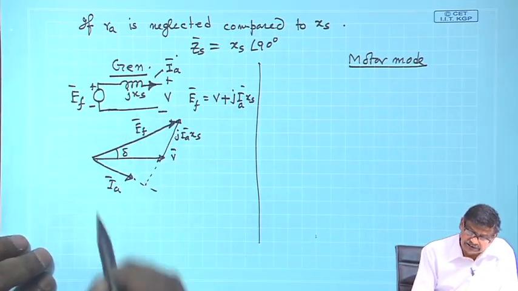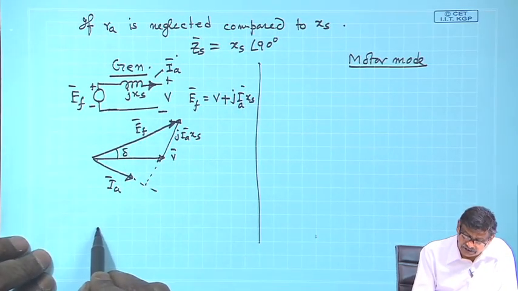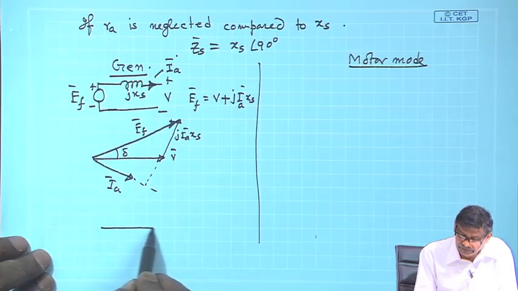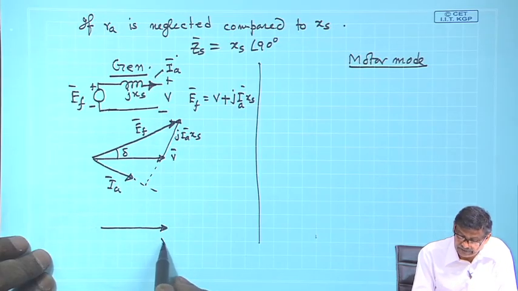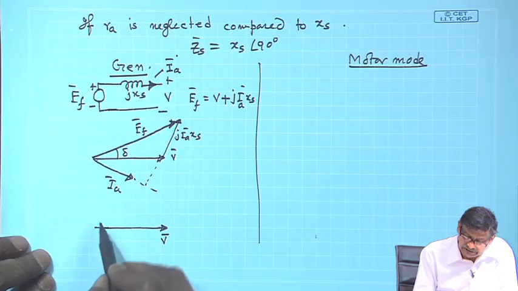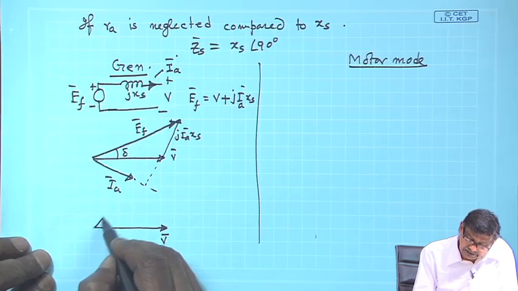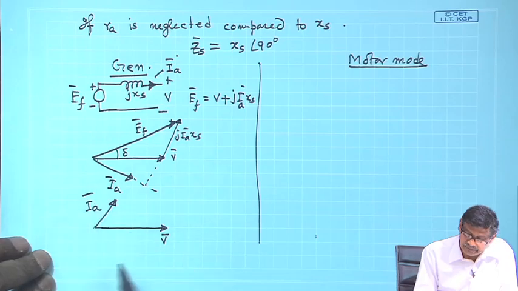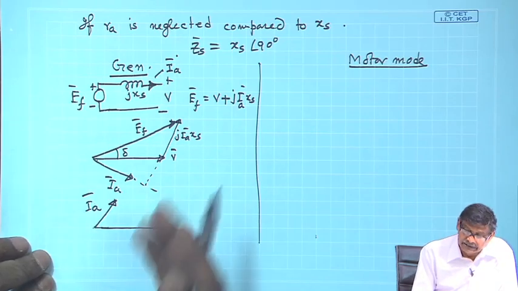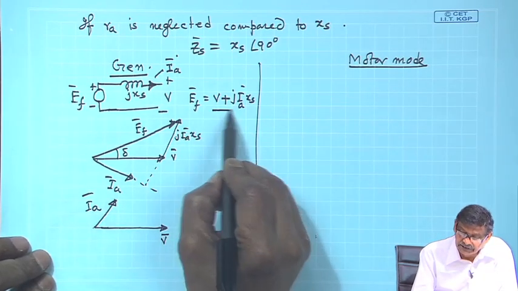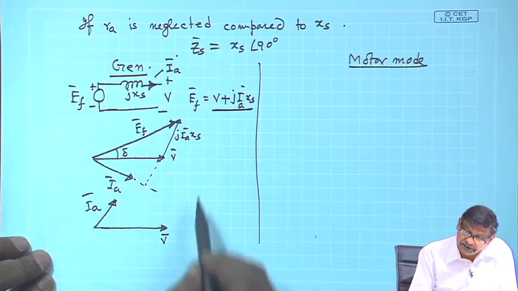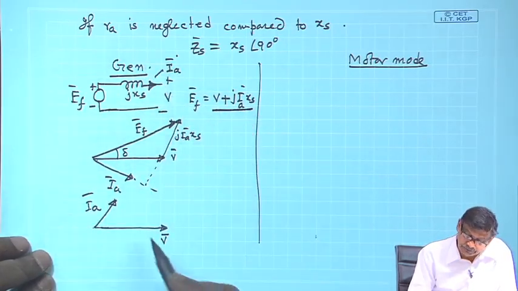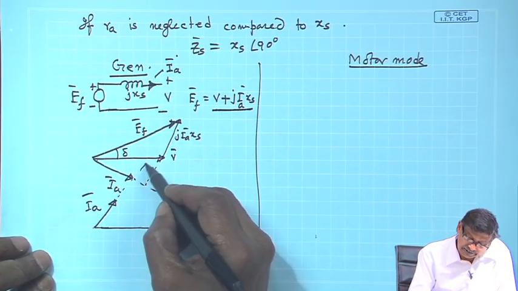If suppose the generator is supplying leading power factor load, then what should I do? V is here. Suppose the generator is supplying a leading power factor load I_A. Whether leading or lagging, this equation is true. So, V plus jI_A X_s I have to draw. Here is your I_A direction.